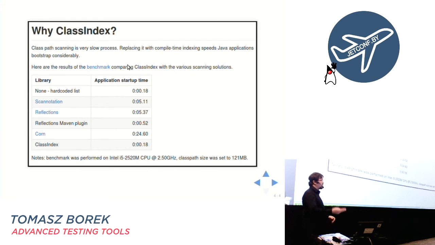You may annotate annotated classes to actually see that, yes, this entity actually has all I need. And you may even check Javadocs if you so desire, because there is a way to store Javadoc information once you index the class, and thus you have pretty much everything that class path scanning gives you.